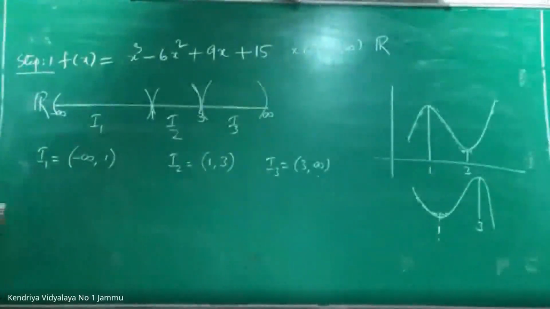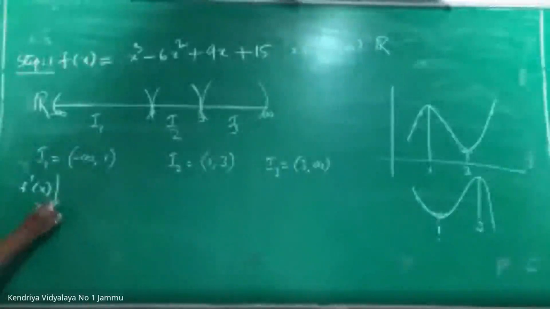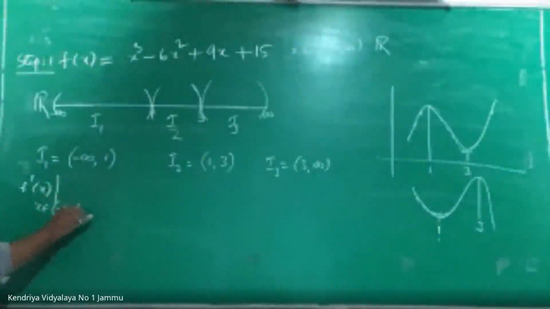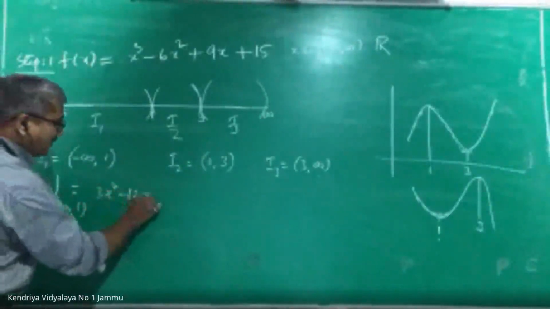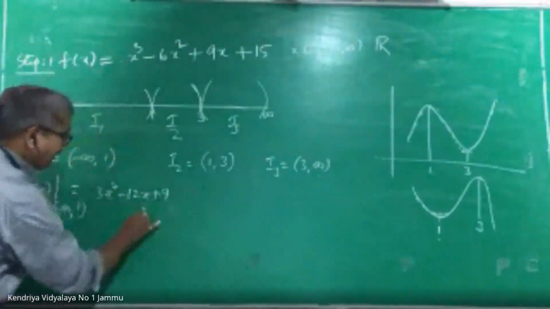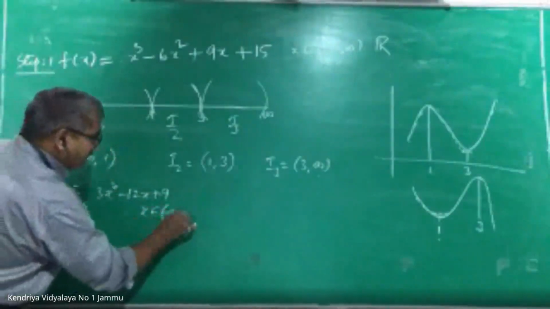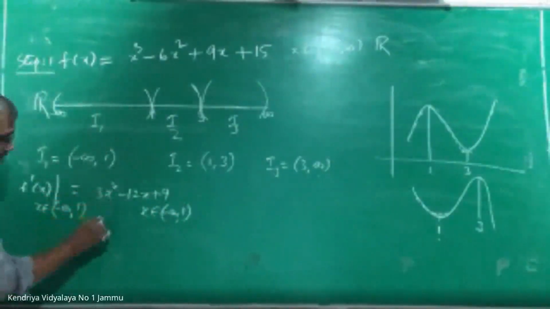Now what I am going to do, I take f dash x for x belonging to minus infinity, comma 1. That means 3x square minus 12x plus 9. You take any value from minus infinity to 1. I take, say, x is equal to 0.